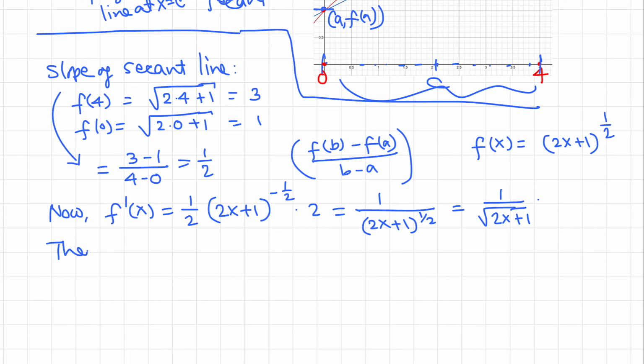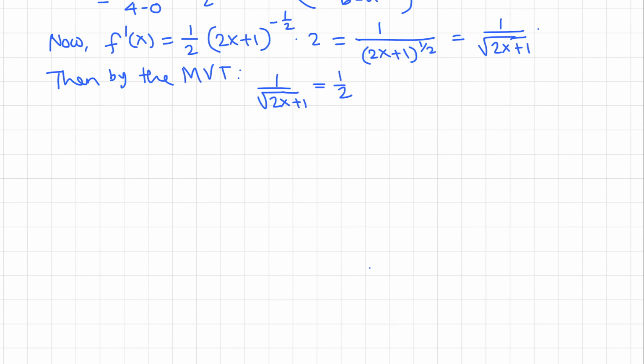Then by the MVT, this slope equals this slope, 1/2. Now we solve for x, and that x is indeed the c we are looking for. The slope of the tangent line equals the slope of the secant line. Cross multiply, so the square root of 2x plus 1 equals 2.